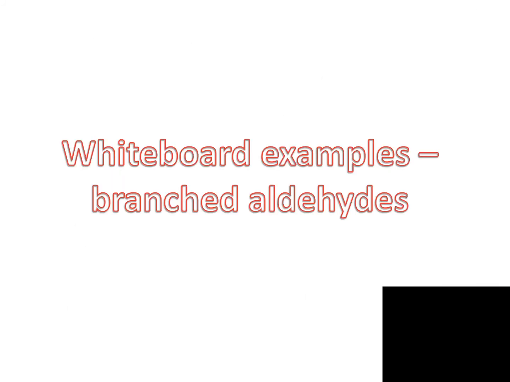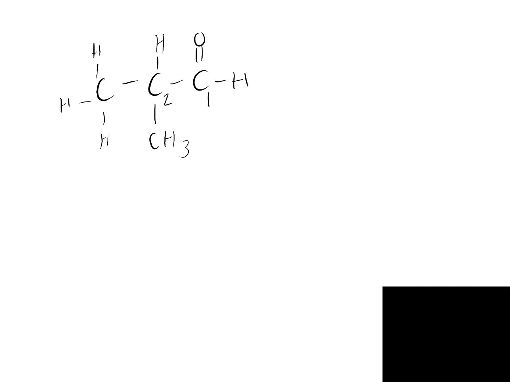Examples then. Let's do some branched ones. Looking at this, we have got 1, 2, 3, carbonyl group, hydrogen, and we'll do a CH3 here. The rest of these are hydrogens. Here, your functional group is on the end carbon atom. Remember, we want the functional group to be on the smallest number of carbons, so we're going to number it 1, 2, 3.